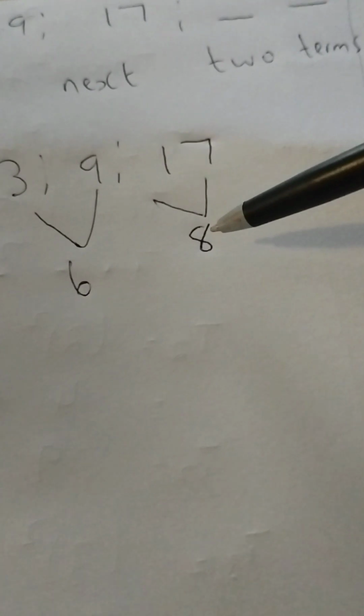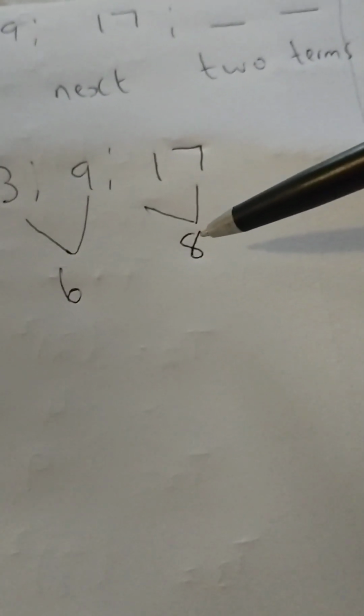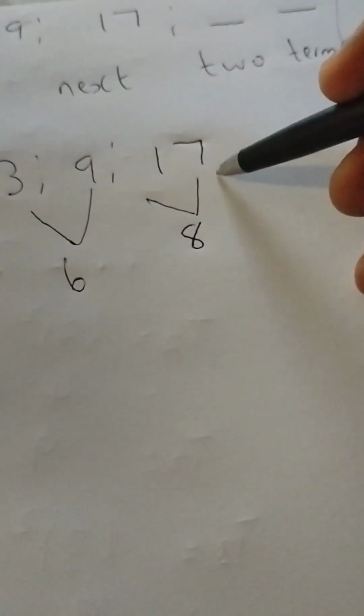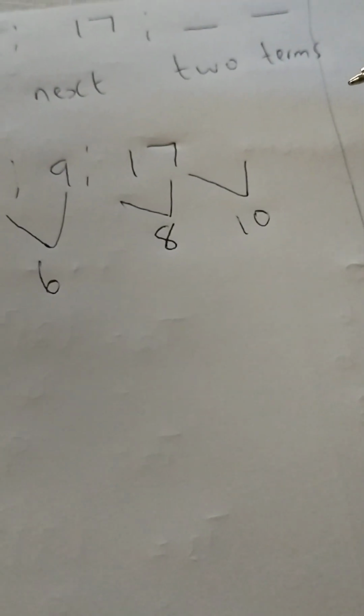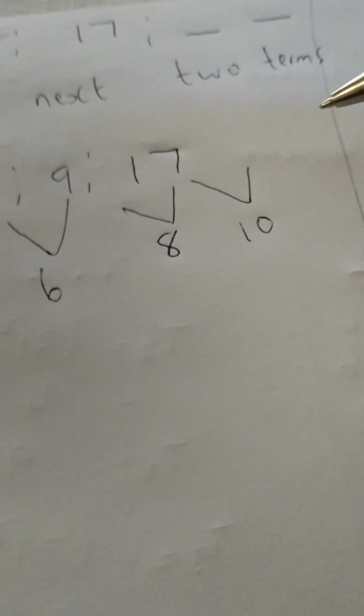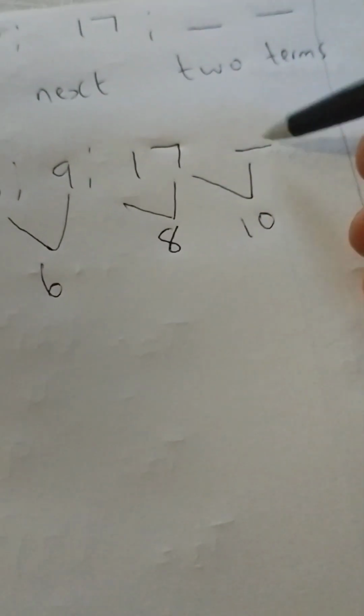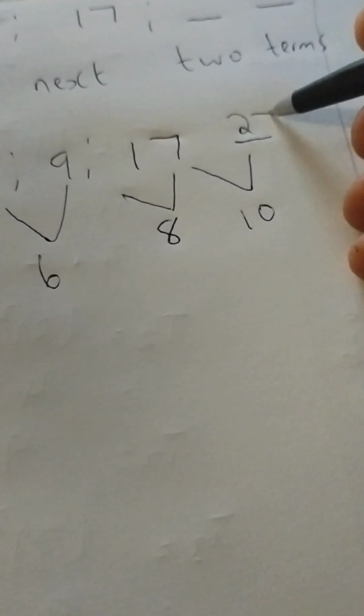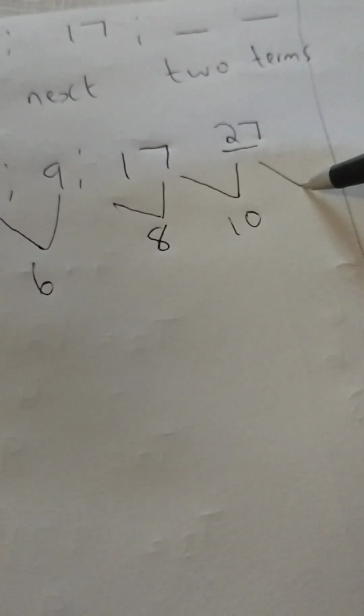Remember, the first difference always gives us the arithmetic pattern. This one is giving us 6, this one is giving us 8. The next difference must give us 10. If it's giving us 10, 17 plus 10 will give us 27. The next difference will give us 12.